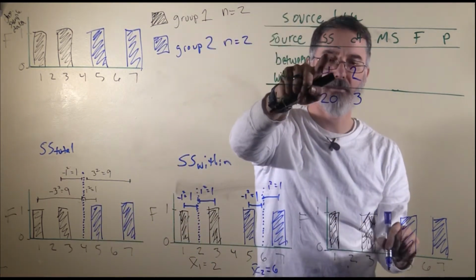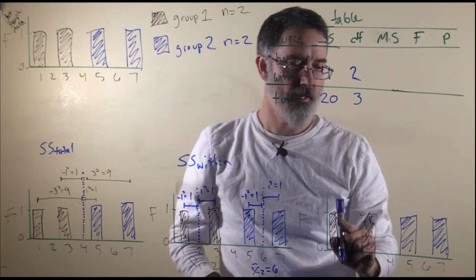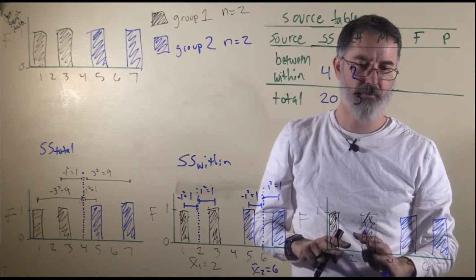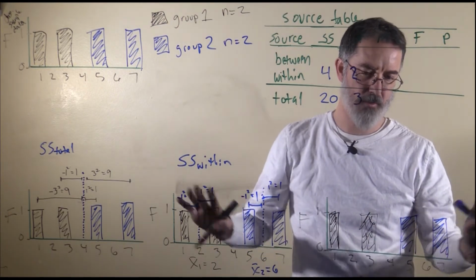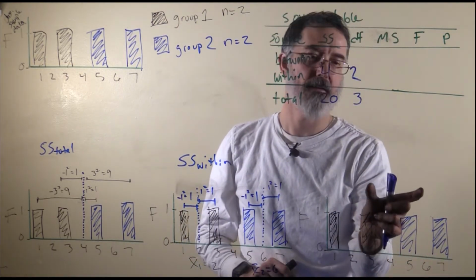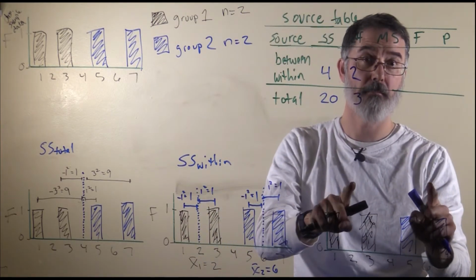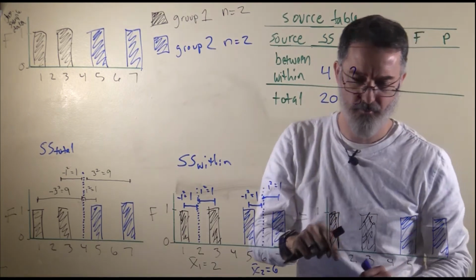And last, now we'll do the sums of squares between, and we'll do that over here. Remember when we were doing the ANOVA the simpler way before, what we did is we calculated the standard deviation amongst the means of these groups. And that's really what we're doing here as well.